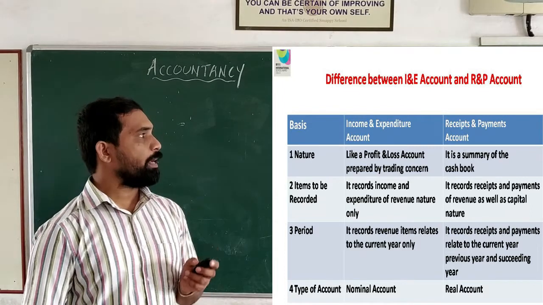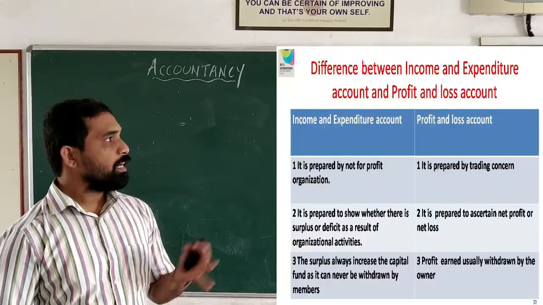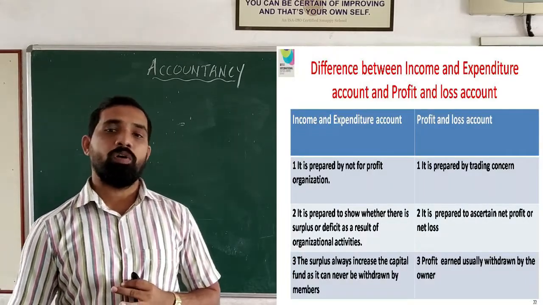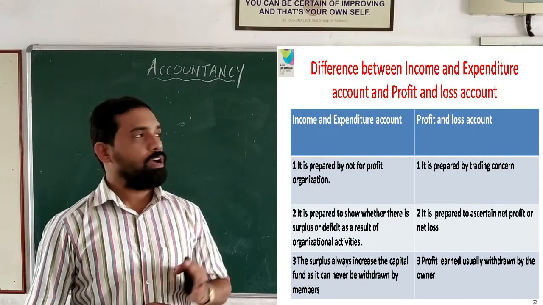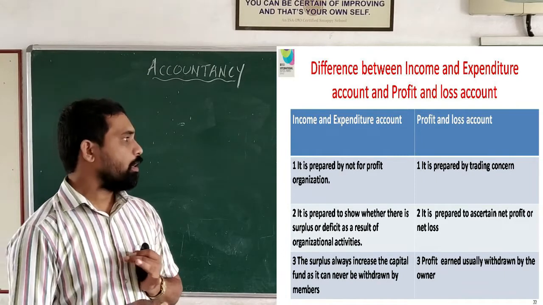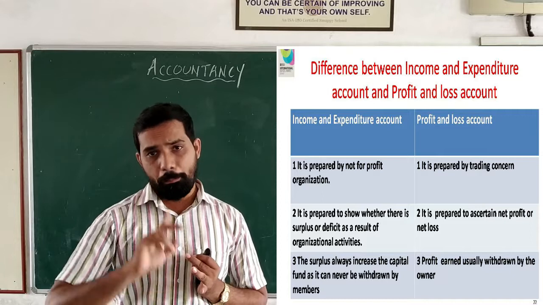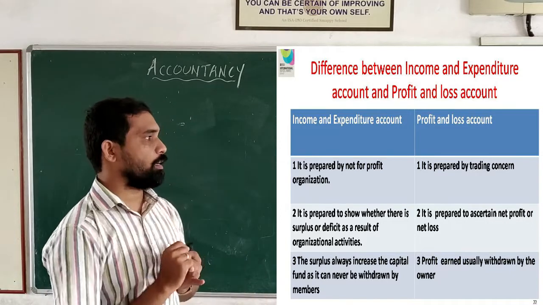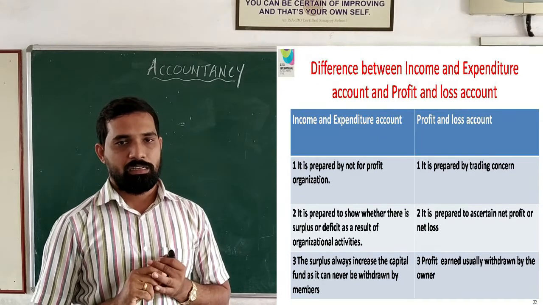And the next topic, difference between income and expenditure account and profit and loss account. Income and expenditure account is prepared by not-for-profit organizations. But profit and loss account is prepared by a trading concern.